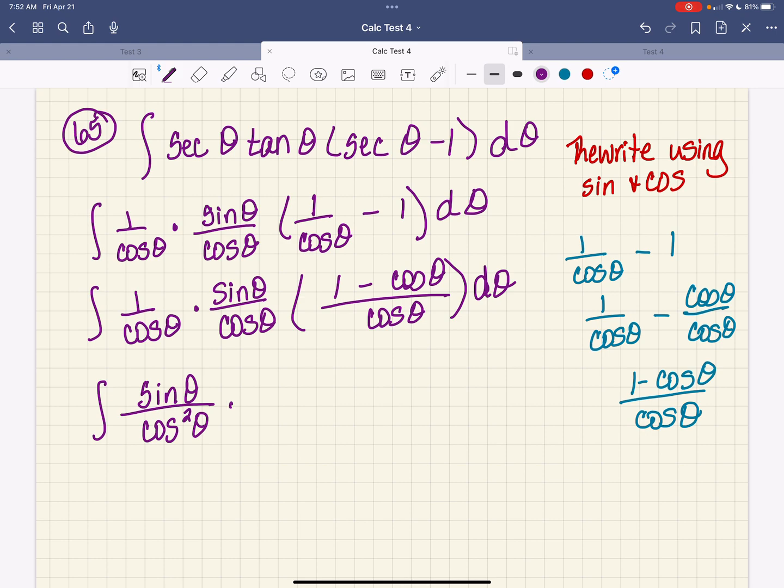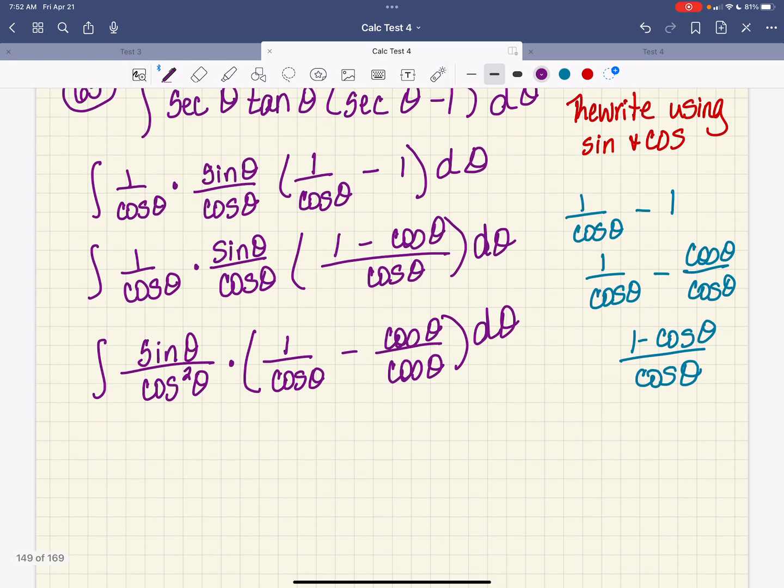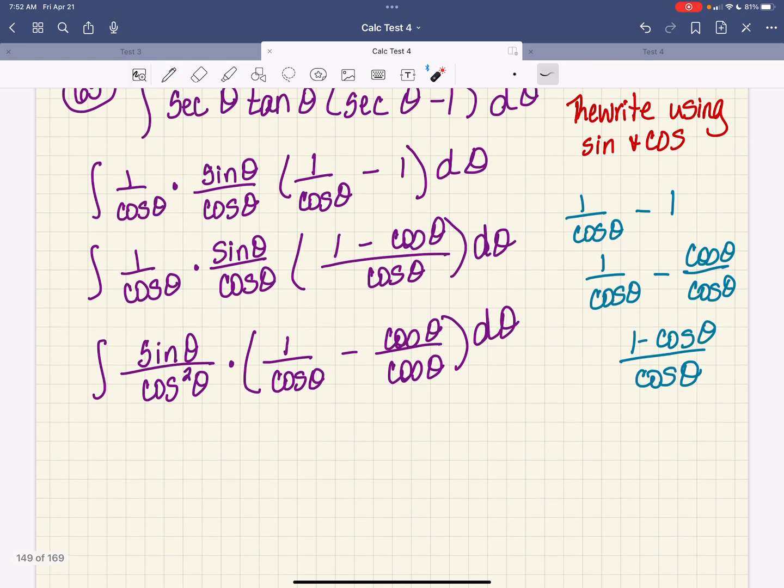Okay, and now I am multiplying this times 1 over cosine of theta minus cosine of theta over cosine of theta. Okay, so that just gives you a little bit easier visual on what we're doing right here. So I'm going to go ahead and multiply this.